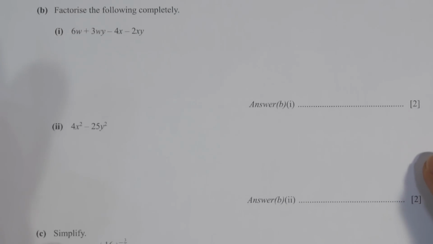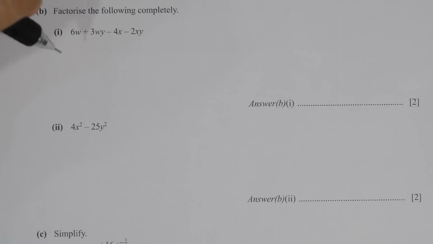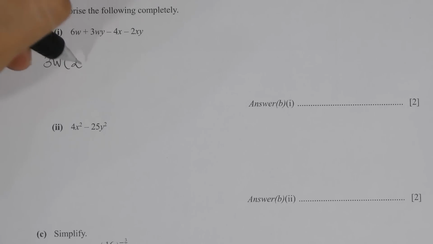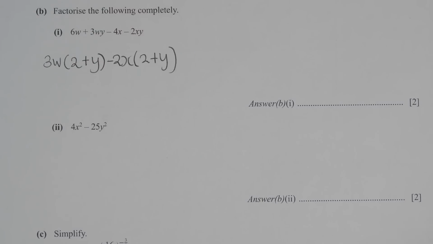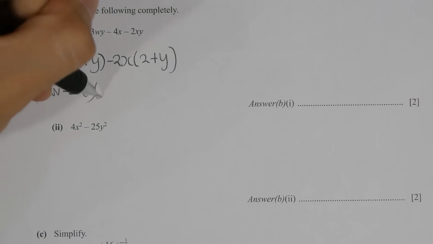For part B, I extracted 3w from the front part and left a balance of 2 plus y. The same for the back, I extracted negative 2x and left a balance of 2 plus y. Now you can rearrange and get the final answer of 3w minus 2x bracket 2 plus y.